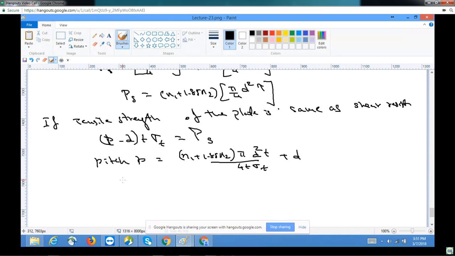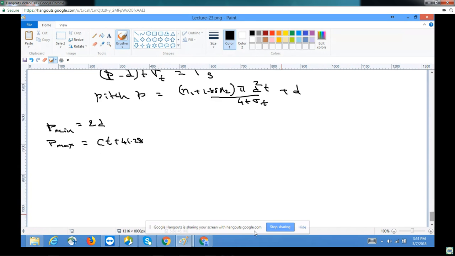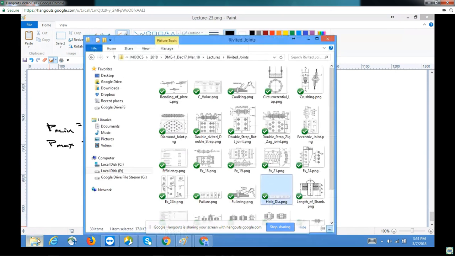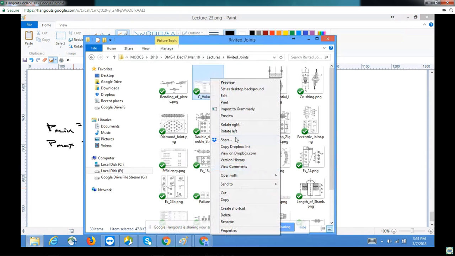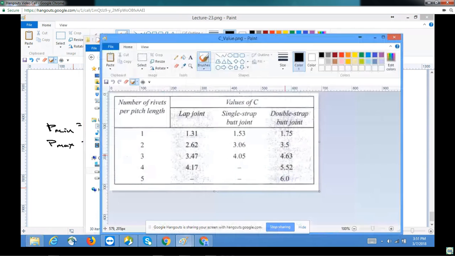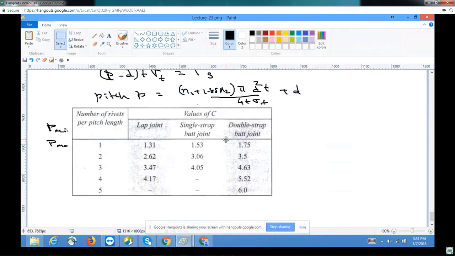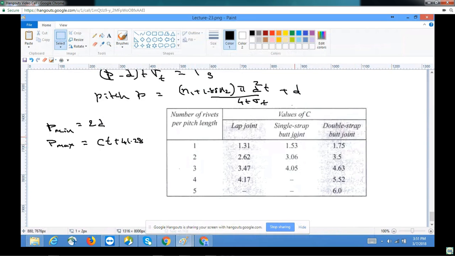Further, there are certain minimum criteria that have to be met. So further, P minimum has to be at least 2D and P maximum has to be C times thickness plus 41.28, where the values of C can be given as these are the values of the C for different types of joints.